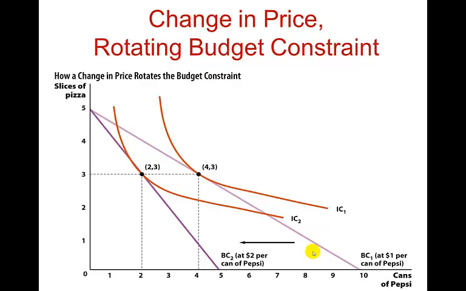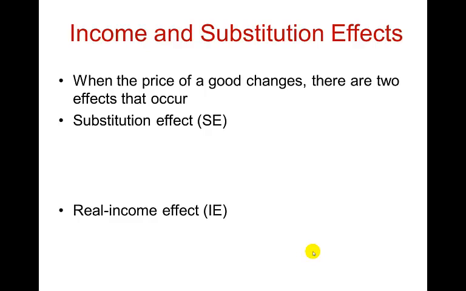But in general, whether goods are complements or substitutes or just are not related is determined by income and substitution effects.